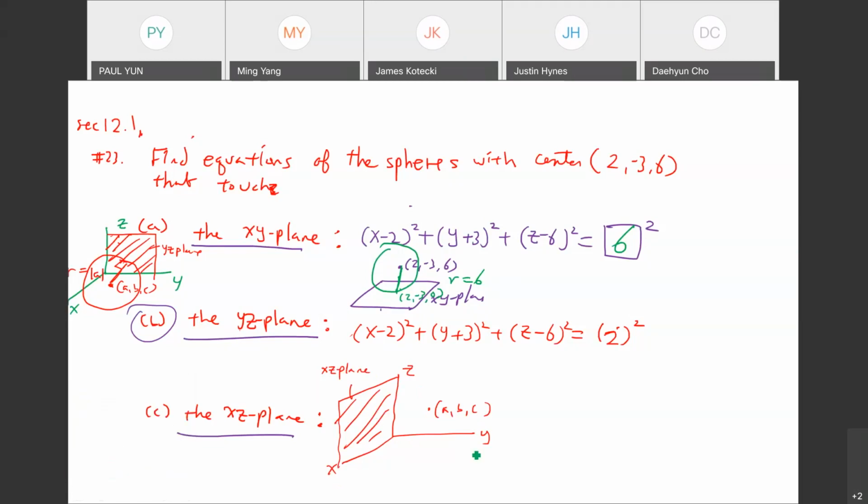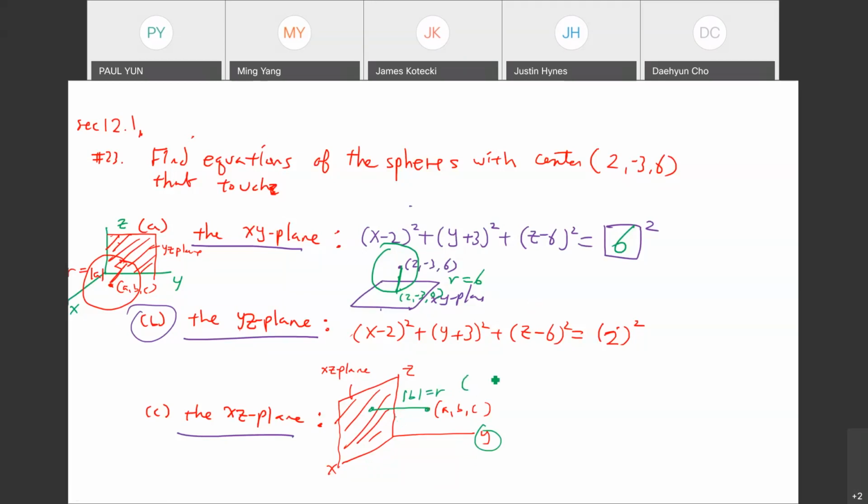It is a y distance, isn't it? So don't just say B, because ABC could be on the left-hand side. So always put absolute value, okay? Makes sense? So the equations are obvious.